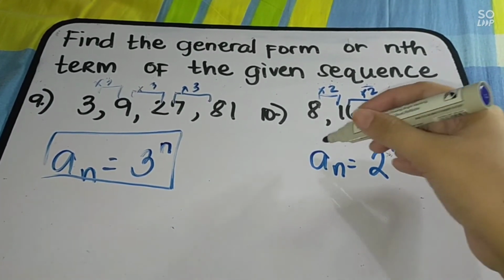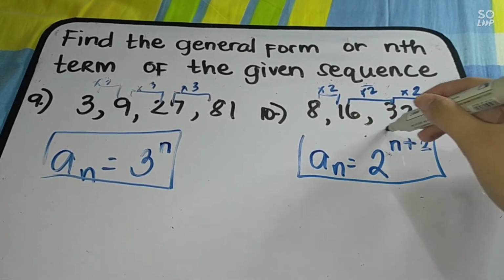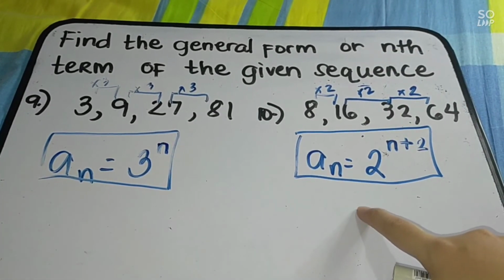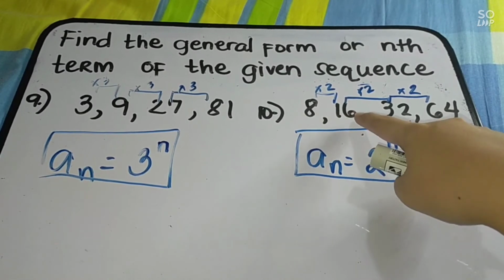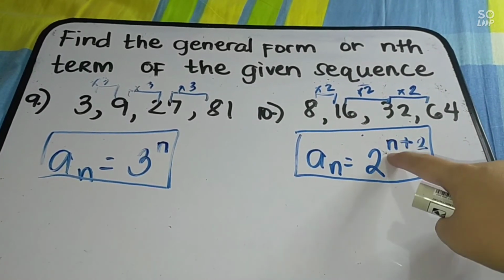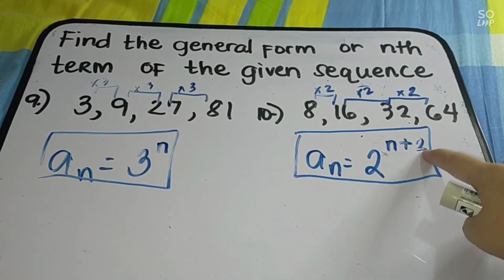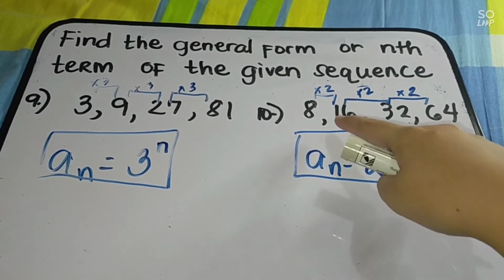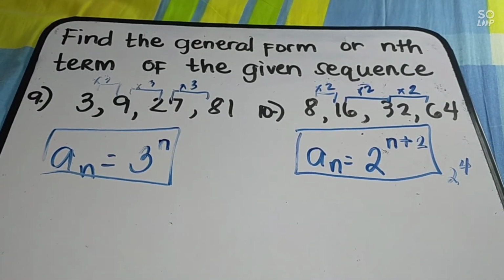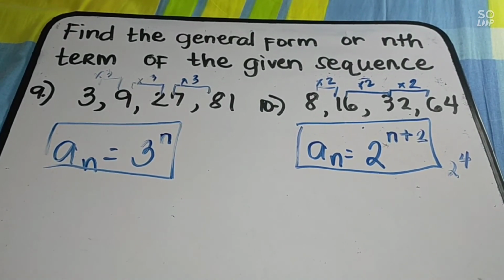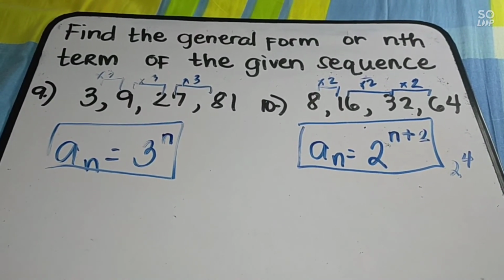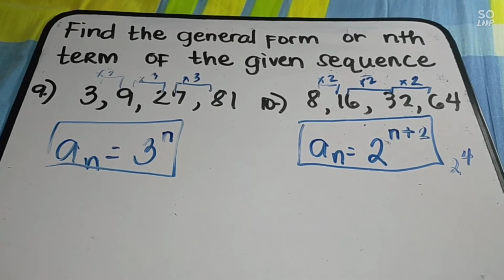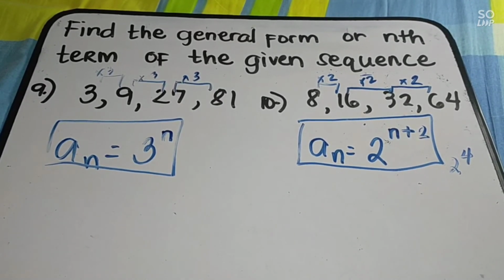So, this is now your general form. Then, what if we have here 16 for the second term? So, this one becomes 2. 2 plus 2. So, it becomes 2 raised to 4. 2 raised to 4, the answer there is 16. Is it clear? So, that is how you are going to find the general form or the nth term of the given sequence.